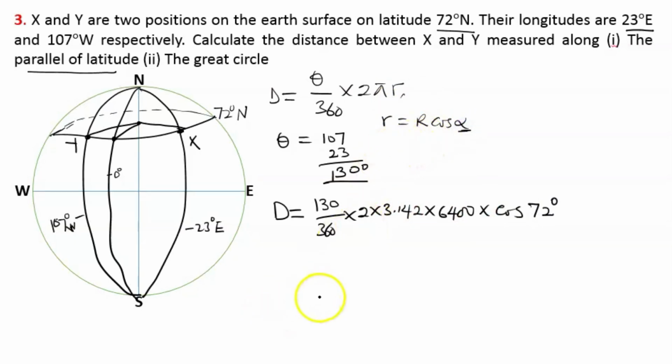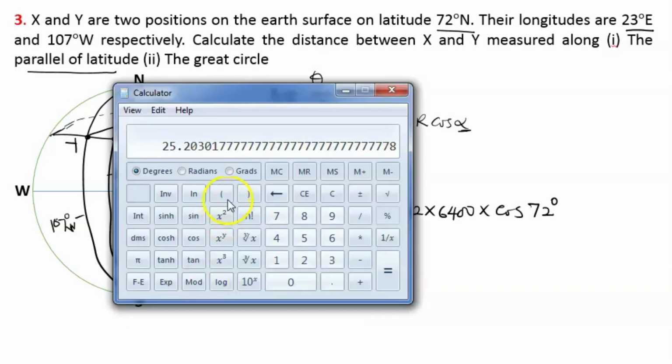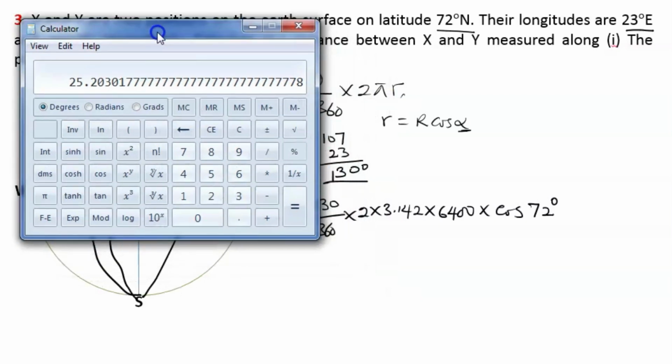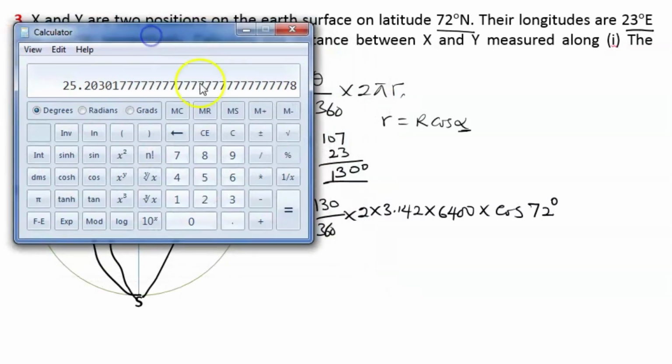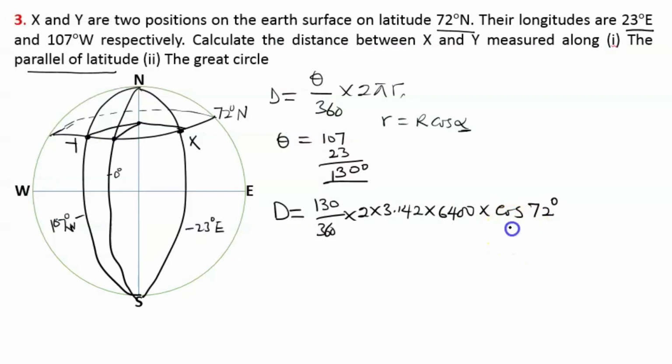All right, so we do this, what are we going to get? Let me first of all do the cos of 72. That gives me 0.3090.